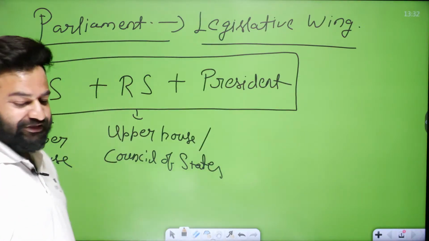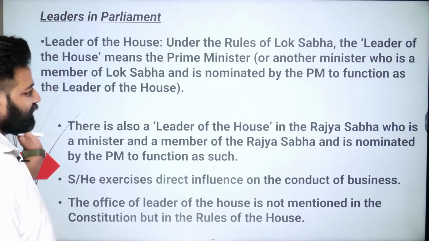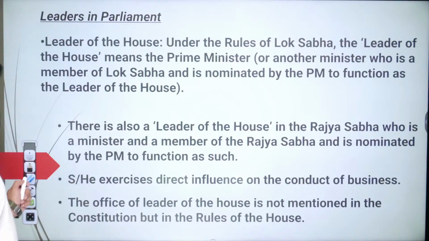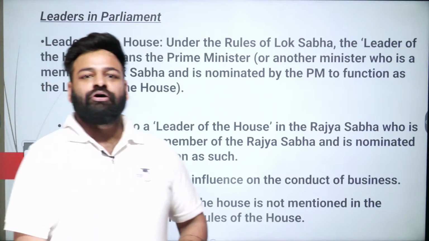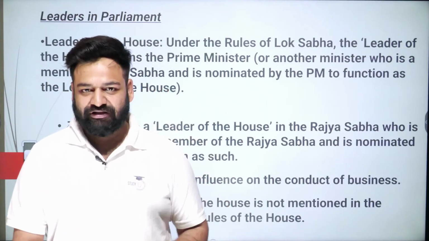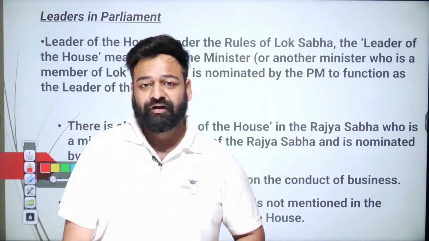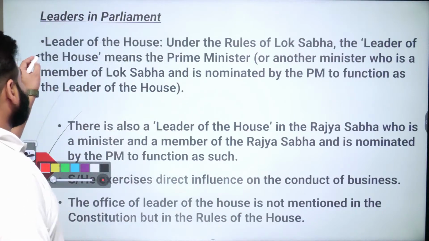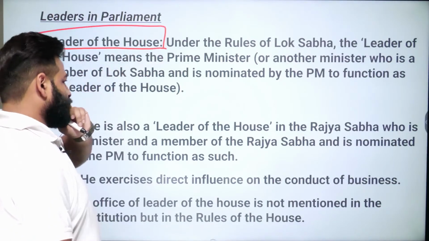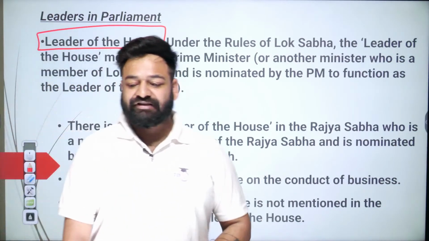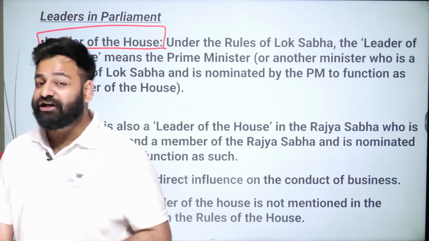And now let's discuss the other features here. What are the types of leaders we have inside our parliament? These are the terms that we need to remember. Firstly, when we talk about the leader of the house, often people mistake it to be the speaker. Speaker is not the leader of the house.